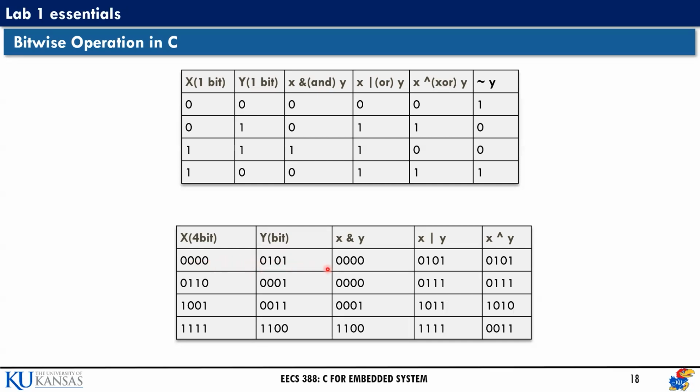The first bit of y is going to be ANDed with the first bit of x, and so on. It goes all the way from left to right, doing bit by bit operations. So please check these calculations and make sure you understand how the bitwise operation works in these two tables.